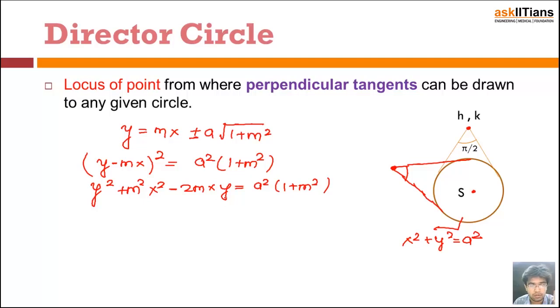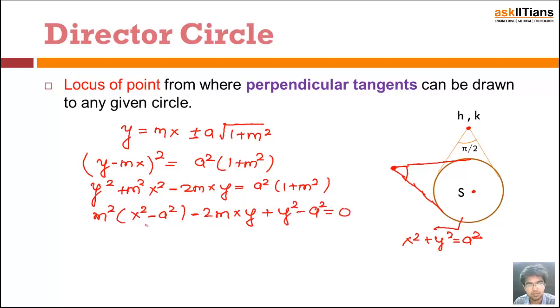If this is a quadratic in m, then m1 m2 is minus 1, that means the product of the roots has to be minus 1. So let's form the quadratic: m square of (x square minus a square) minus 2mxy plus (y square minus a square) is equal to 0.